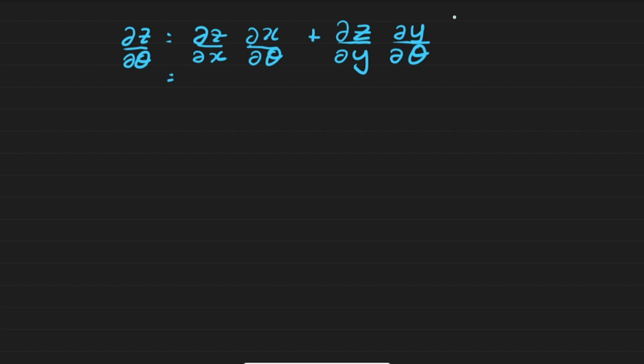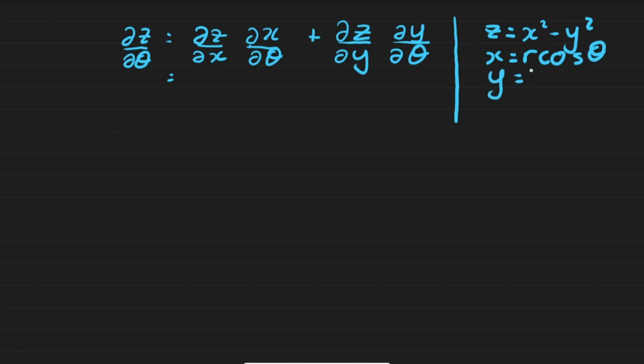So let's just remind ourselves what the function is. z is equal to x squared minus y squared, and x is equal to r cos theta, and y is equal to r sine theta.